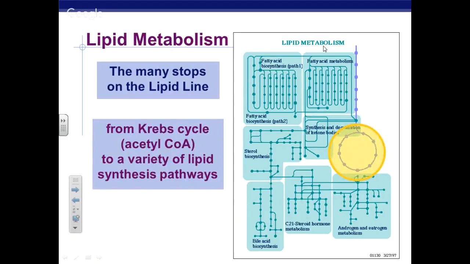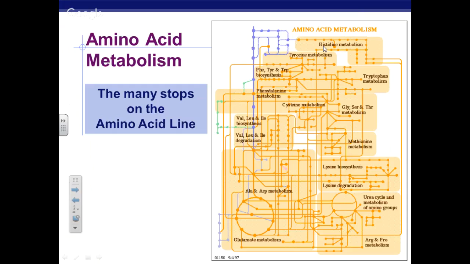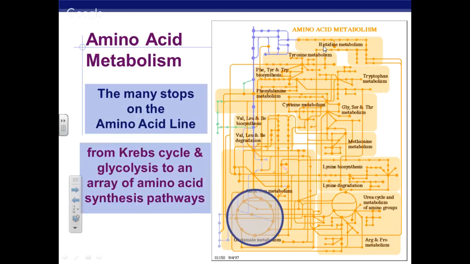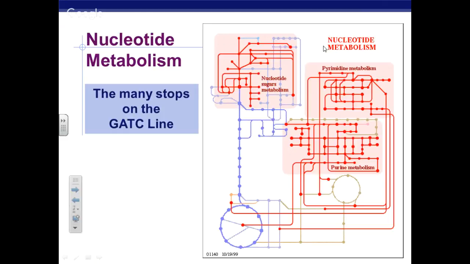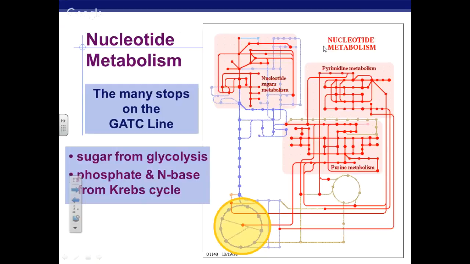And these images are basically from biochemistry textbooks. Here's the Krebs cycle. So there's a lot of different ways that carbohydrates can be metabolized in the body. Same thing for lipids. There's the Krebs cycle right there, but look at all the other reactions that can take place.